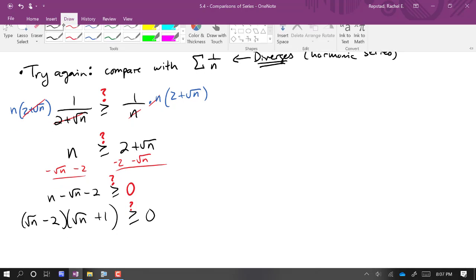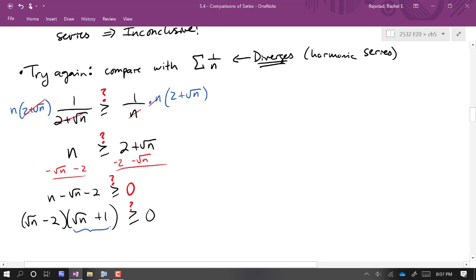Now, root n plus 1, this is always positive. And root n minus 2, this is certainly positive when n is greater than 4.